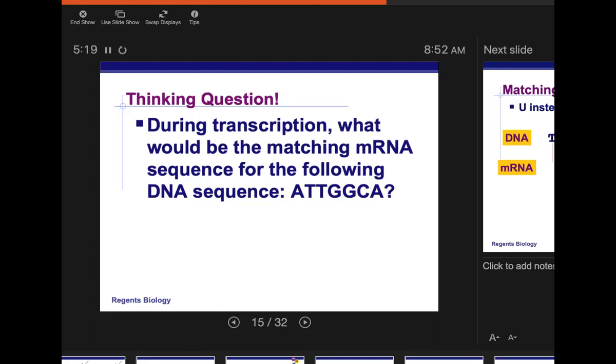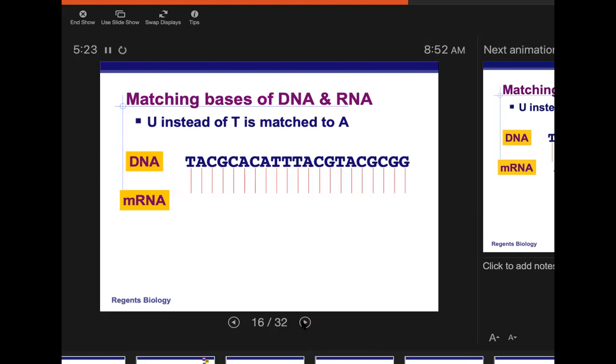Okay. So, here's another example. Now, unfortunately, my lines are a little off here, but if you follow them down, right? If this is my DNA template, this would be my mRNA strand corresponding to this.